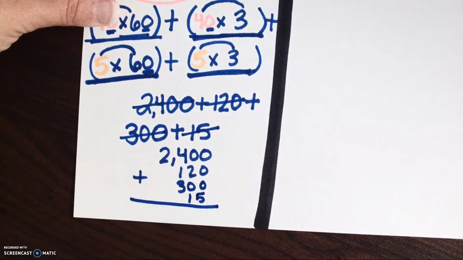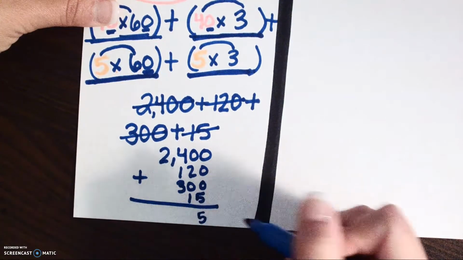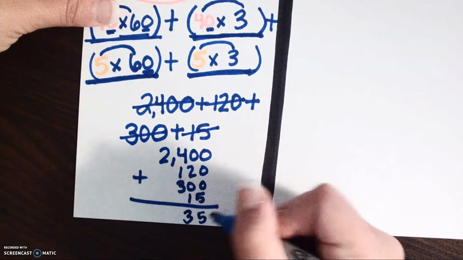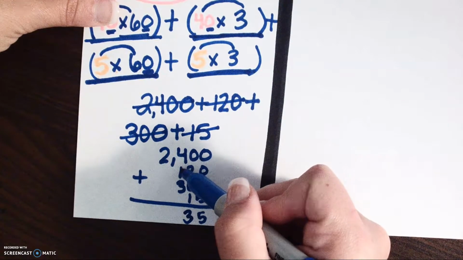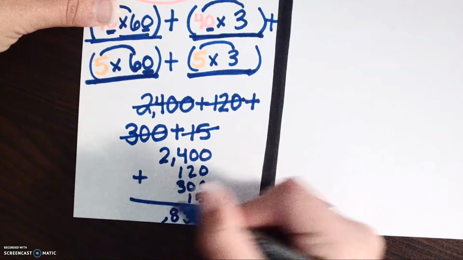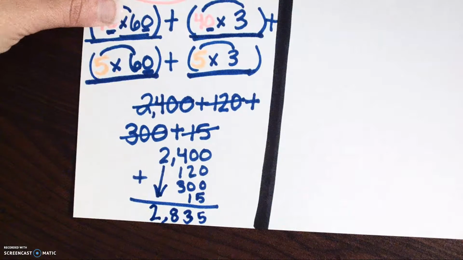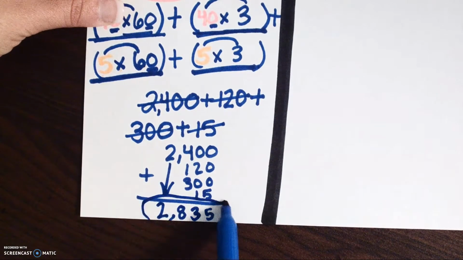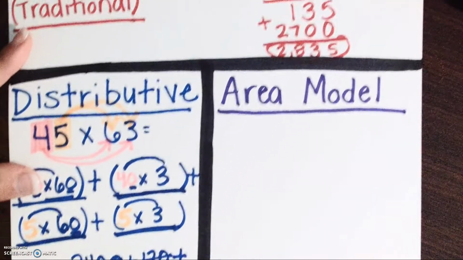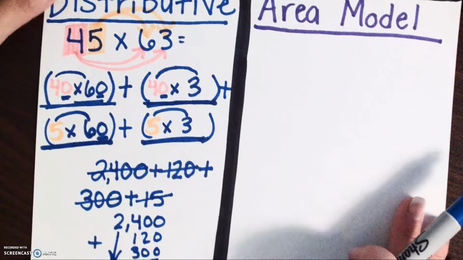Now I'm going to add them all up. 0 plus 0 plus 0 plus 5 is 5. 0 plus 2 plus 0 plus 1 is 3. 4 plus 1 is 5, plus 3 more is 8. Bring down my comma. And then my 2 comes straight down. There's nothing there to add it to. So I get 2,835. And if you need to look back up at the top, 2,835, they match. That means you did it right.